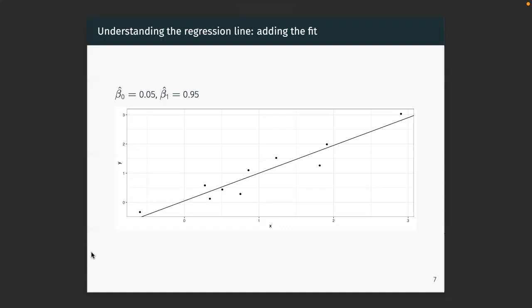We have a slope where y increases by 0.95 for every 1 unit increase in x. So if we have an intercept of 0.05 and a slope of 0.95, when x equals 1, y should also be equal to 1. And it is.